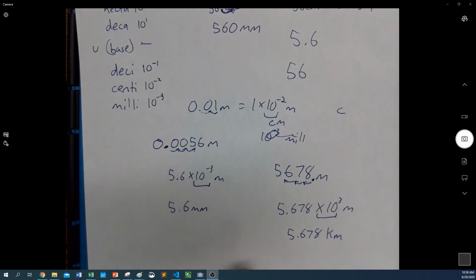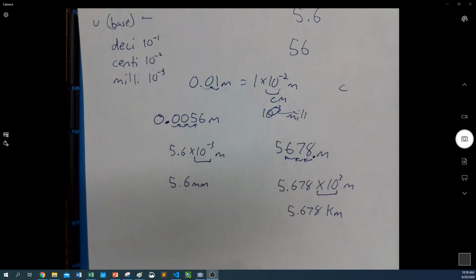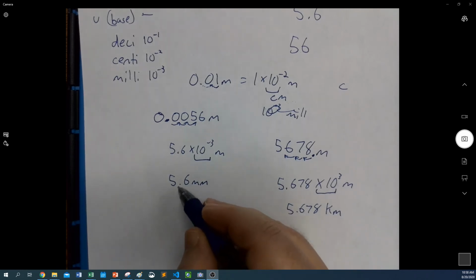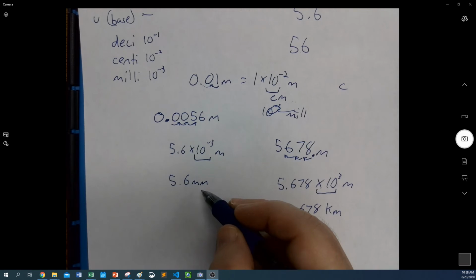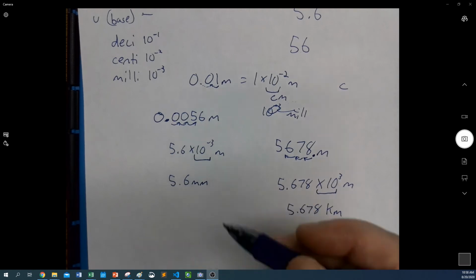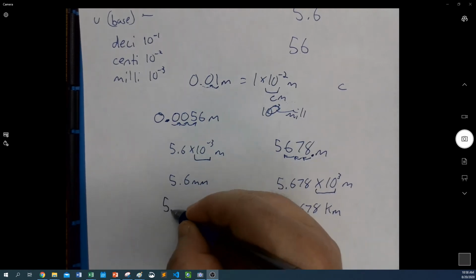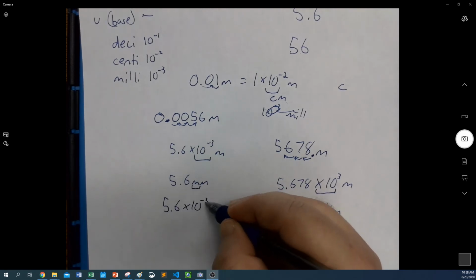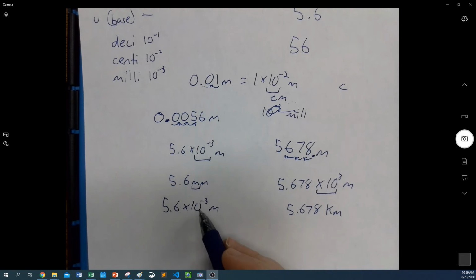So let's say that I wanted to go backward. If I wanted to go backward, let's say I wanted the 5.6 millimeters to meters. So I put 5.6. I replace the m with 10 to the negative 3 meters. And then I can plug that into the calculator and see what it is.